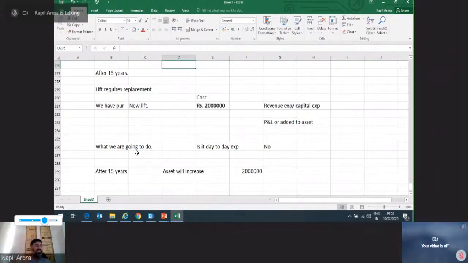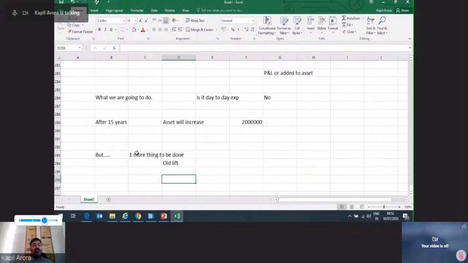So in the 15th year itself, it requires a replacement. If it requires a replacement in the 15th year itself, there must be some value in the books. Let's say the old lift value in the books was rupees 1 lakh.